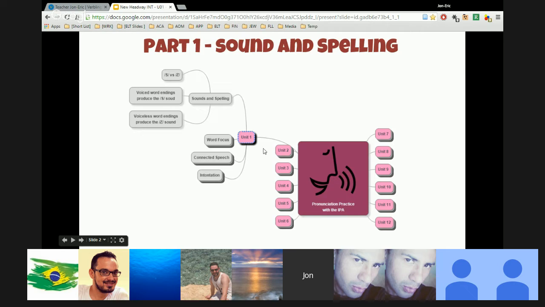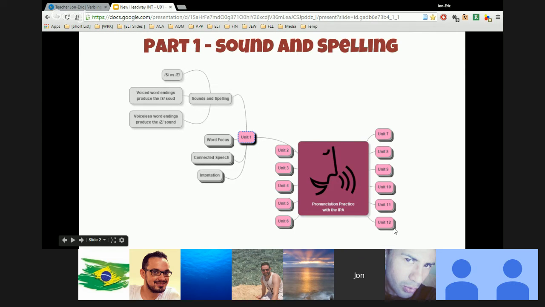Then we'll move on to Unit 2, etc. And we'll build up a picture of the language over the next, I think it is 12 units. I put 12 units here, now I'm not sure. But anyway, it's going to be a very comprehensive picture of the language.